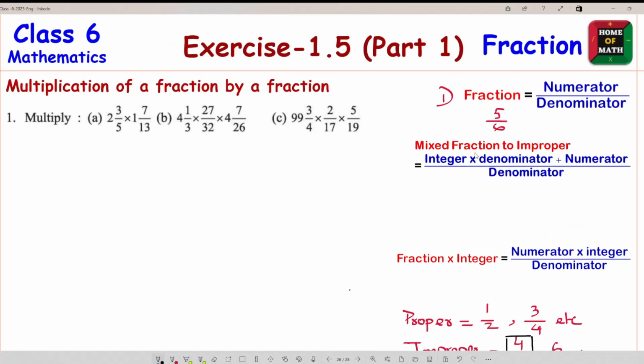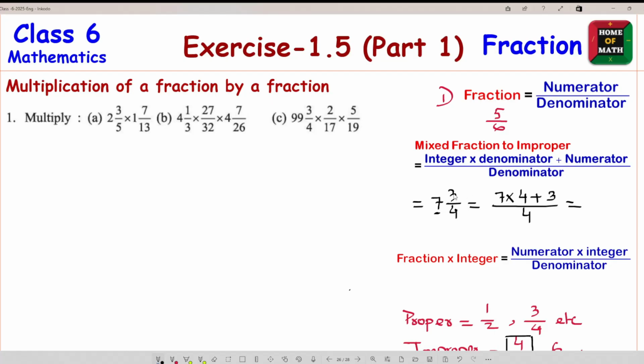But if you want to make a mixed fraction into an improper fraction, what are we doing? Like 7 3 by 4, what are we doing? The denominator is common, it means 4, and then the integer which is 7, so 7 times the denominator, it means 4, plus the numerator which is 3.